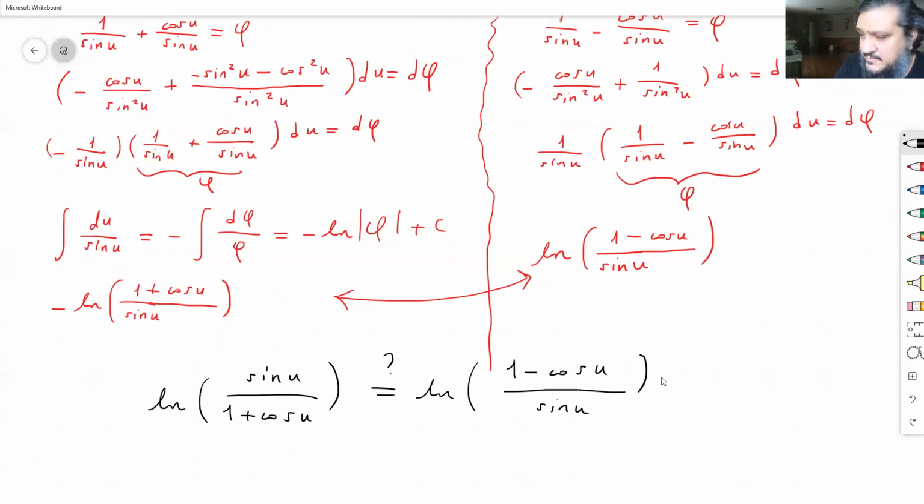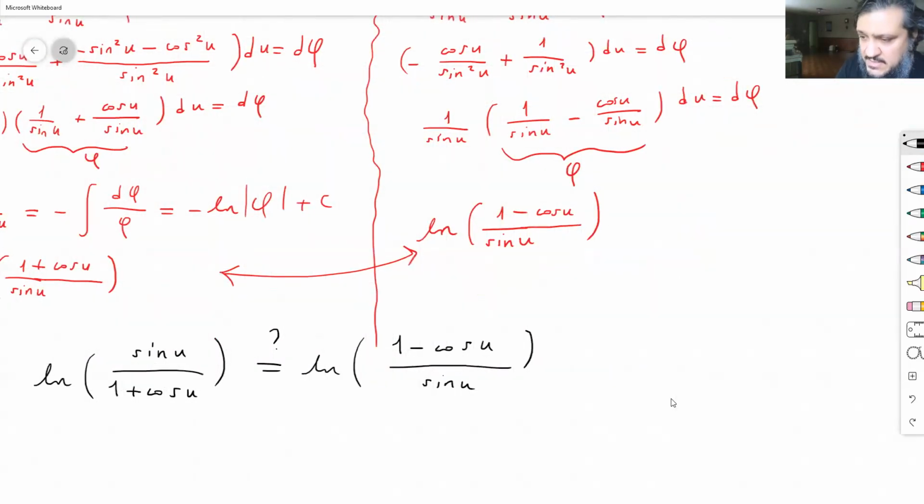What do you do now? We can cross multiply, right? Sine u times sine u is sine squared. And then this times that: 1 plus cosine u times 1 minus cosine u is equal to 1 minus cosine squared u.